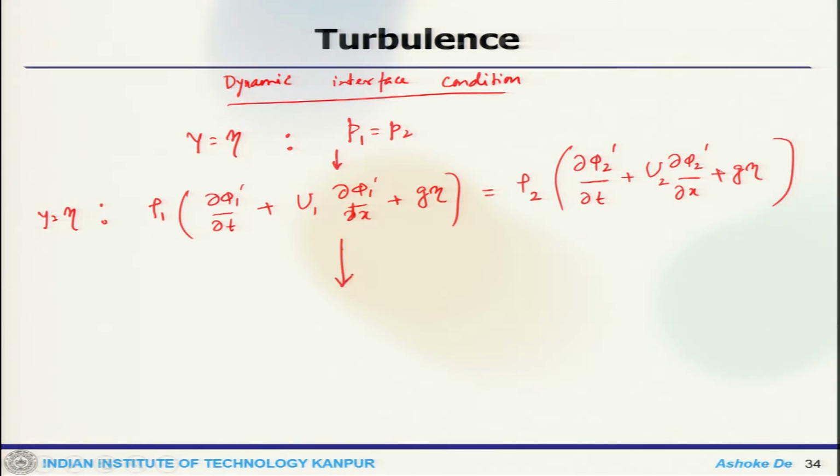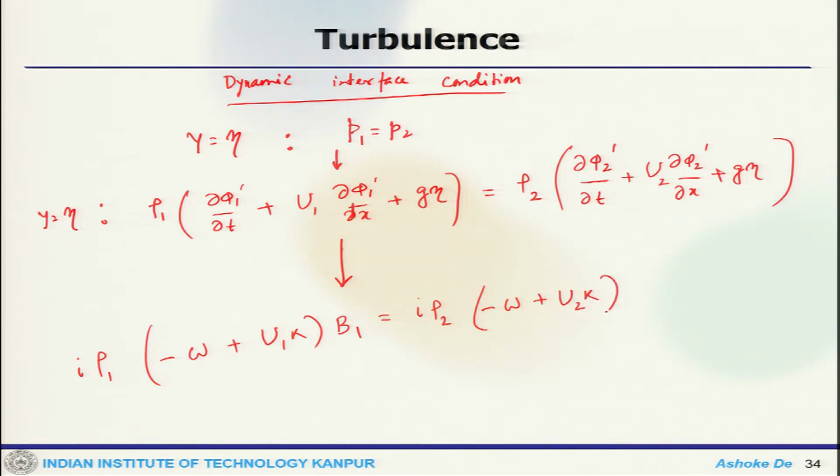Now, from there we get rho 1 (... plus u1 k) b1 equals rho 2 (... k) b2 minus rho 1 rho 2 g A. So, my dynamic interface condition provides this.